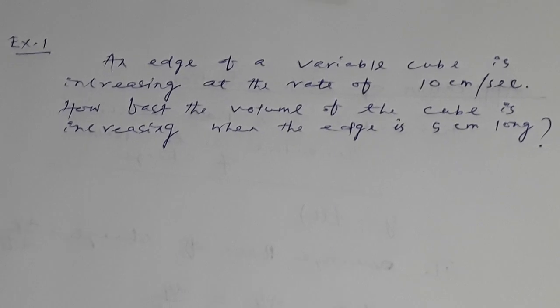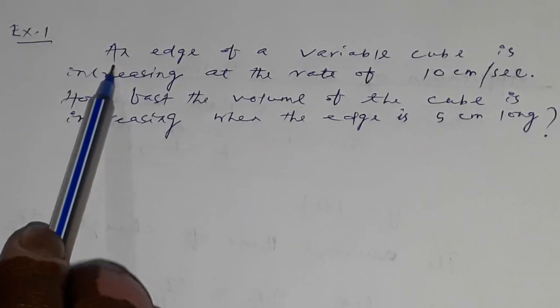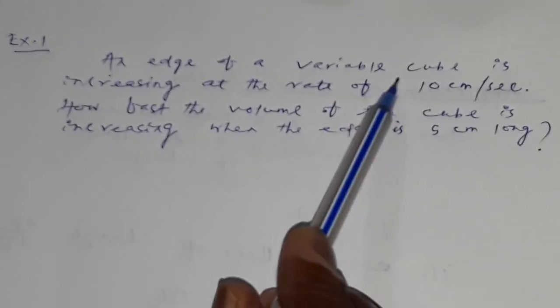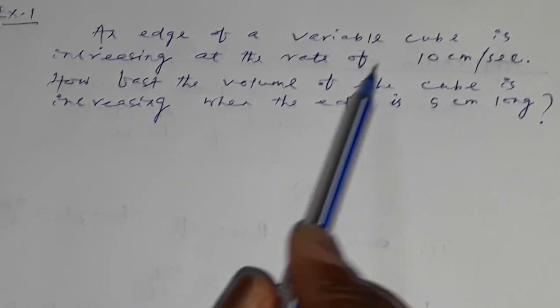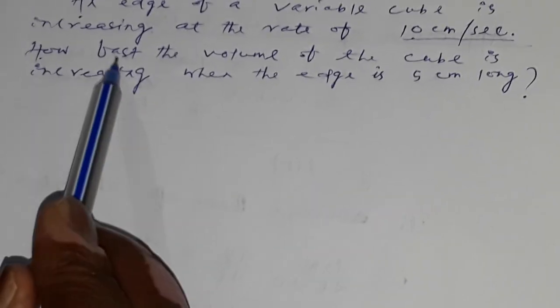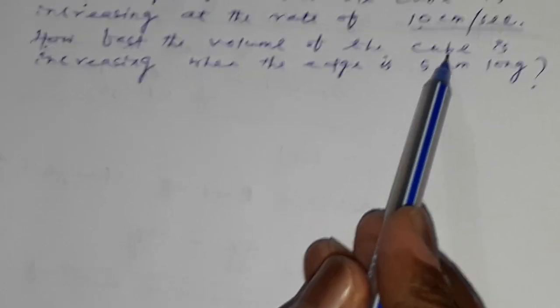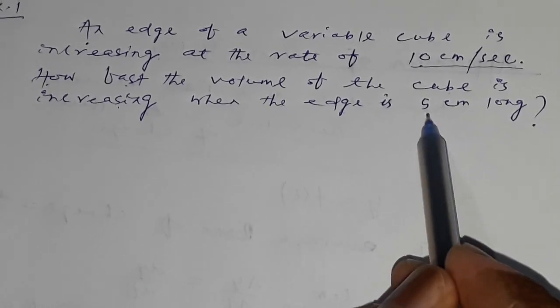Let us discuss some examples. An edge of a variable cube is increasing at the rate of 10 cm per second. How fast the volume of the cube is increasing when the edge is 5 cm long?